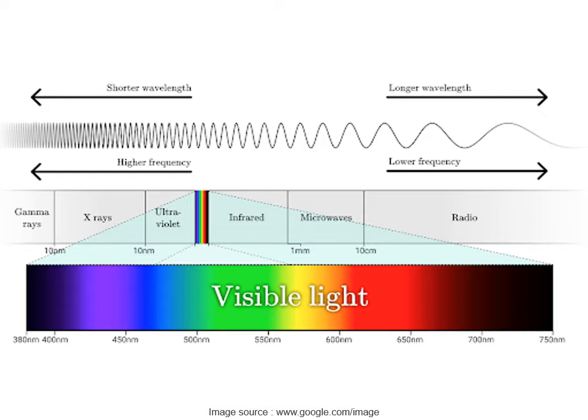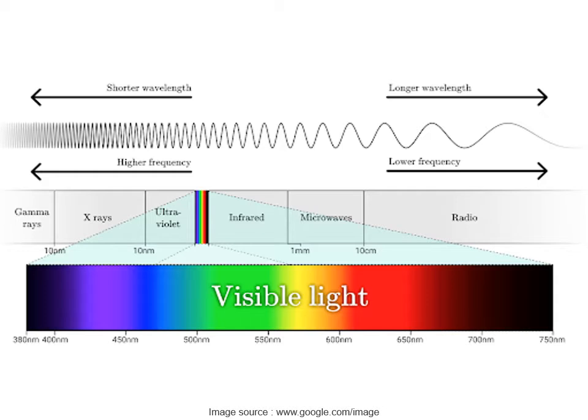Now the energy emitted by the sun is in the form of radiation, in the form of electromagnetic waves. Radiation is the energy that can be emitted by any body which has a temperature greater than absolute zero.